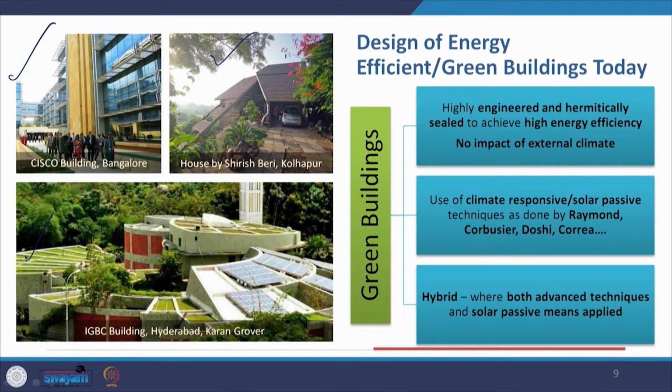Here he has used both. He has used passive techniques, but he has also used active methods like PV panels. He has used highly energy efficient systems within the building to make it a green building, or a bioclimatically sound, climatically responsive building.